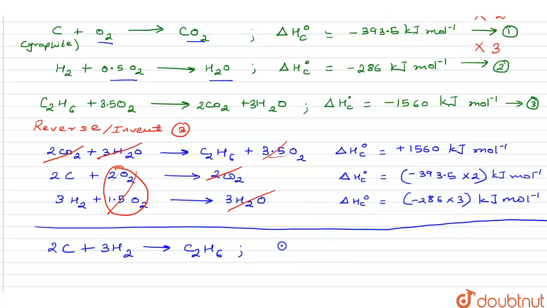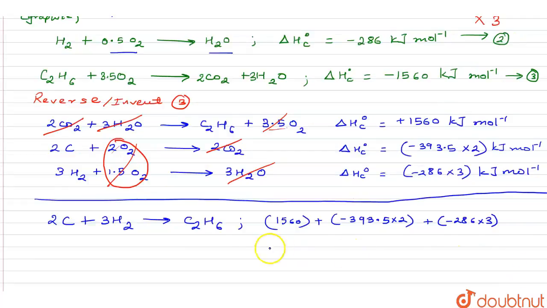So 1560 plus minus 393.5 into 2 plus minus 286 into 3 equals 1560. And that is going to be 5 2s are 10, and 1 plus 3 is 6 plus 1, 7.